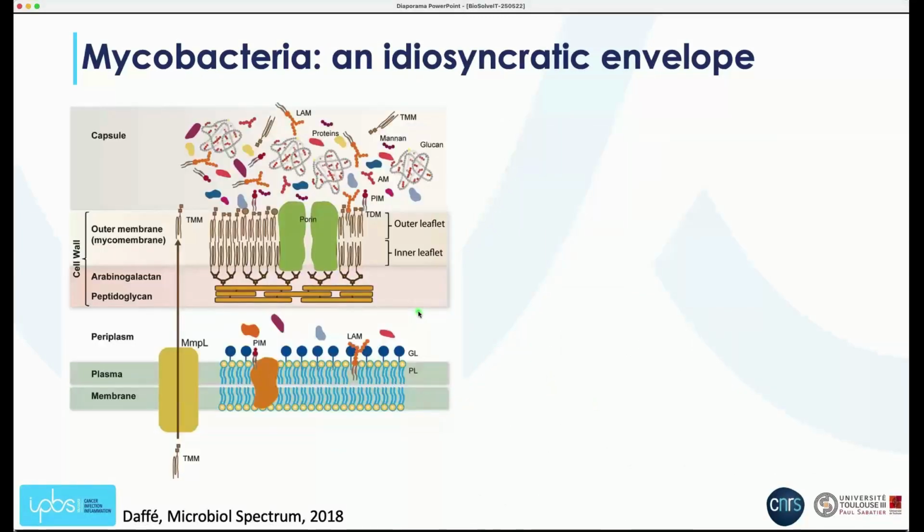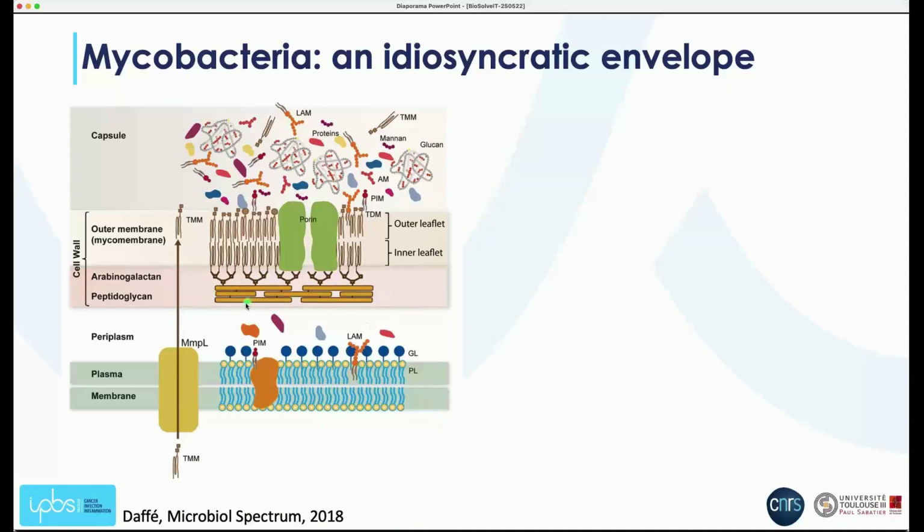Mycobacteria have a very specific cell envelope, which is schematized here. You can identify a quite normal plasma membrane, a periplasm, and a peptidoglycan, which is more or less what you find in gram-negative bacteria.